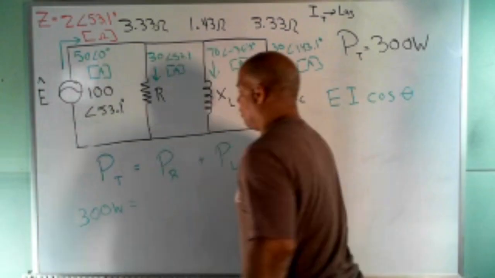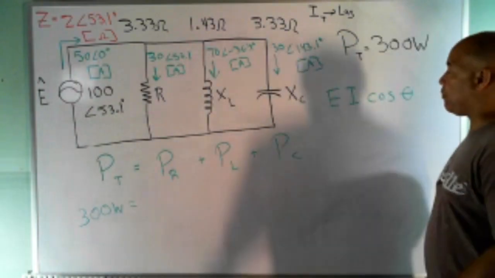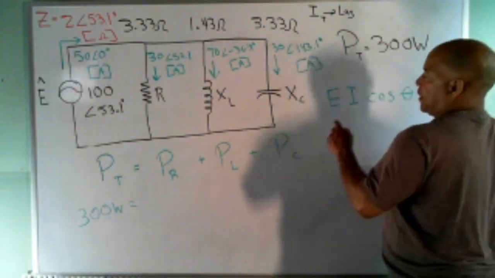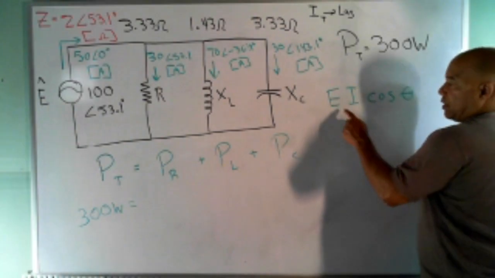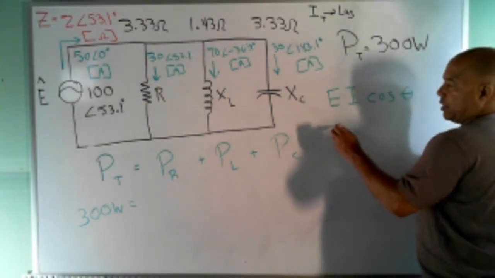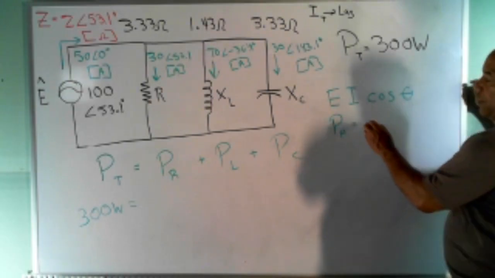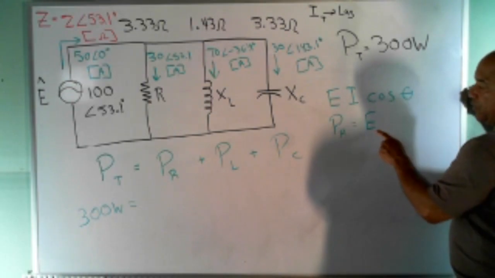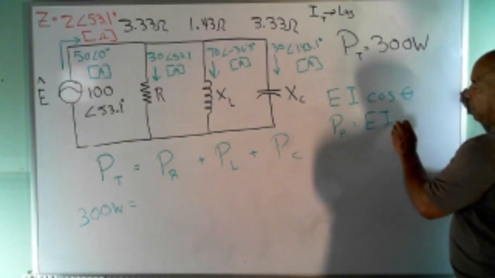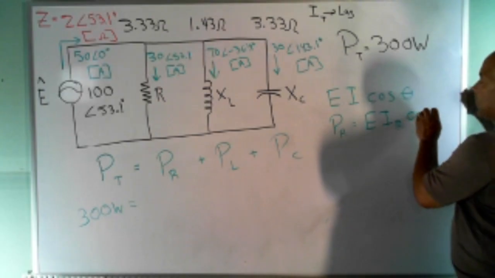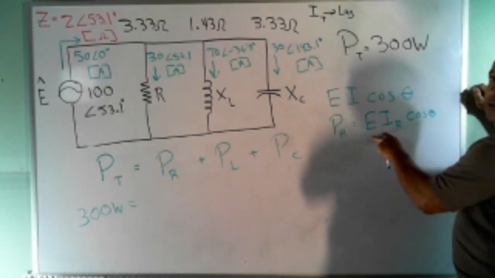What we want to do is to show that the right side is equal. So if the total power is equal to the total voltage times the total current, then the power for the resistor is going to equal the voltage across the resistor, which is just E because it's a parallel circuit, times the current through the resistor, times the cosine of the angle between these two.